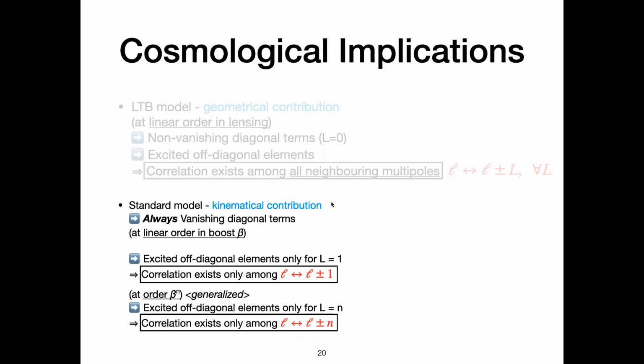For the standard model, we focus on the kinematical contributions which come from the observer velocity with respect to the rest frame of the cosmic microwave background. Everybody in the universe has some velocity: the galaxy, the solar system within the galaxy, and the Earth.